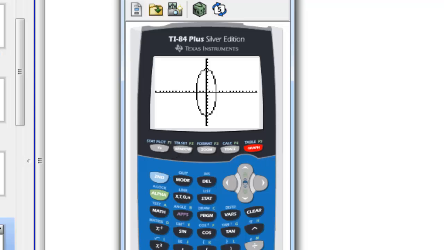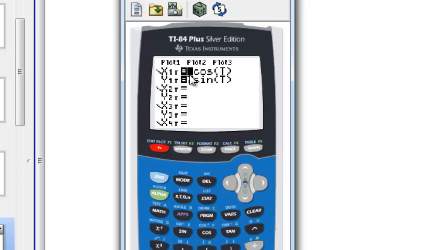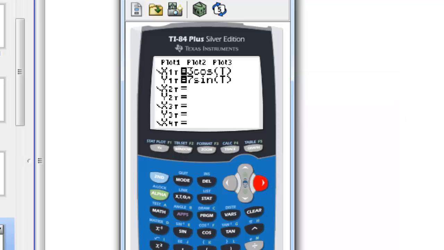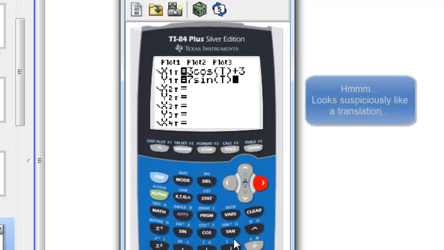Interesting. Let's play some more. I've changed the amplitude of each of these trig functions so that they travel that distance away from the origin, either horizontally or vertically. What would happen if I added a constant or subtracted a constant from the two equations?